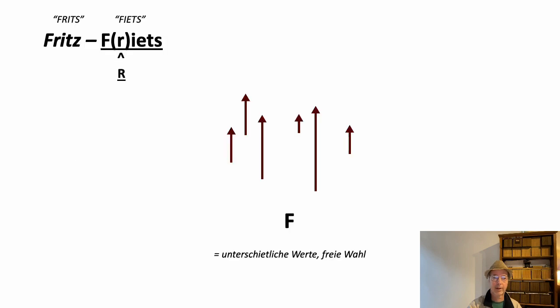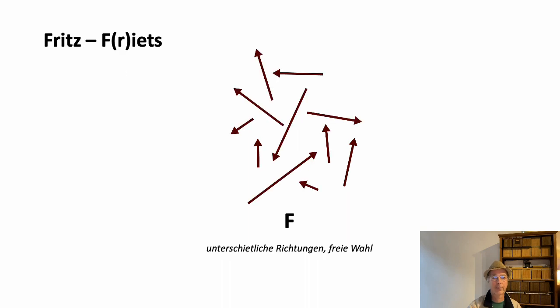So we'll start with the F. The F is a kind of variation of all kinds of values that are very different. It's a bit up to you what kind of value you take out, and then you have your own direction. In general, you could say F has all kinds of directions, and you have this free choice of choosing a direction.